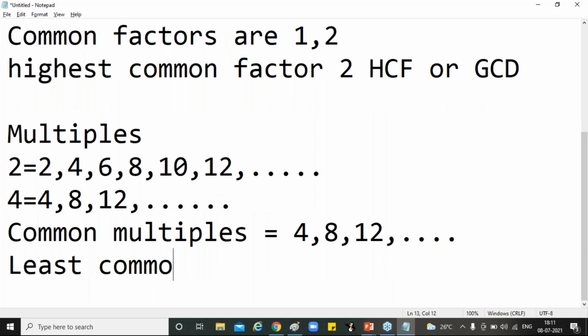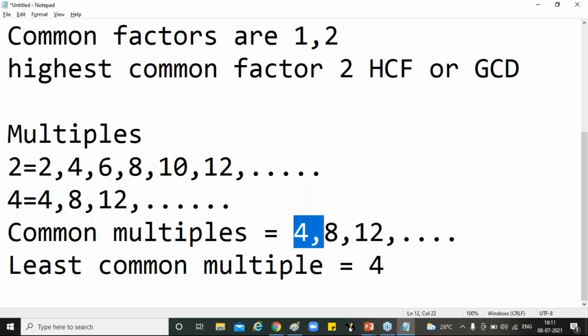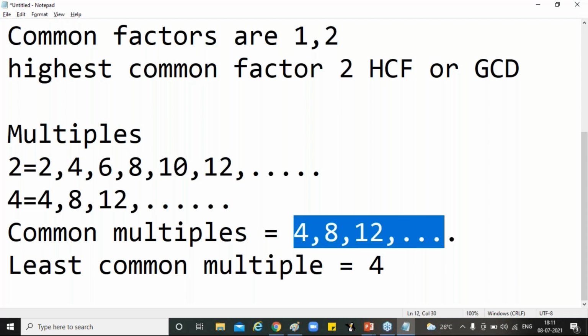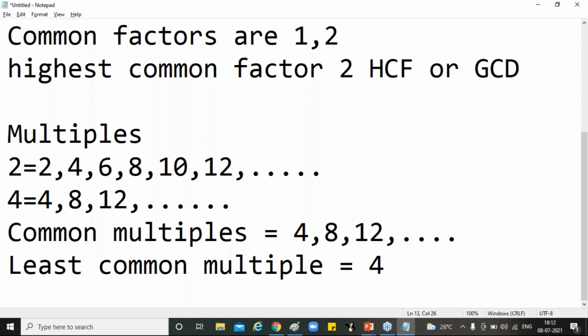Which one is the least common multiple? Among 4, 8, 12, 16, 20, which one is the least number? 4 is the answer.